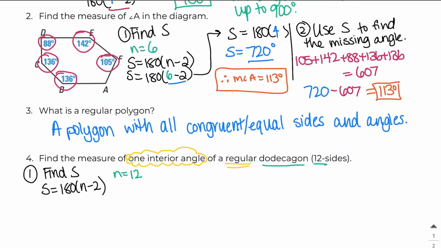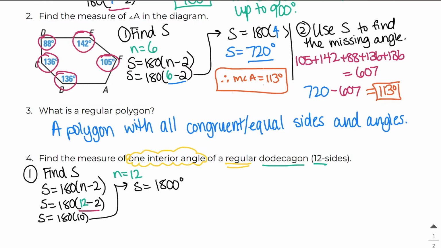So here I can say S equals 180 times 12 minus 2. So let's go ahead and figure out what this will give me. Well, 12 minus 2 is equal to 10, so I can say here S equals 180 times 10. And if I were to multiply those together, I would get 1,800 degrees. So I know that the angles in a dodecagon will add up to 1,800 degrees.